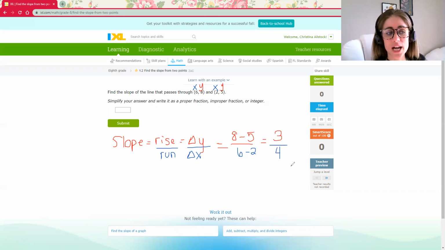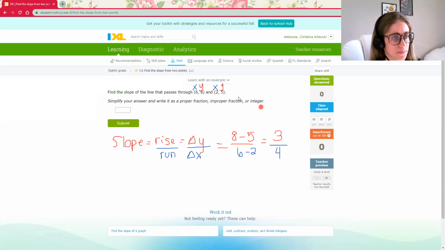All right, here's where it may differ. Let's go back and read these directions. The directions for how to put our answer is simplify your answer and write it either as a proper fraction, an improper fraction, or an integer. So basically, we either need to have our answer as a fraction or a whole number.